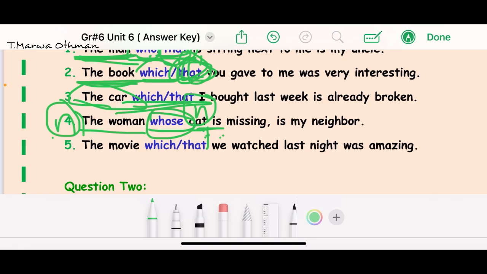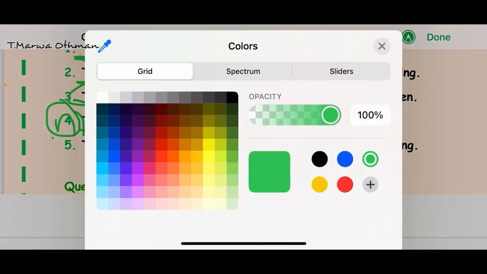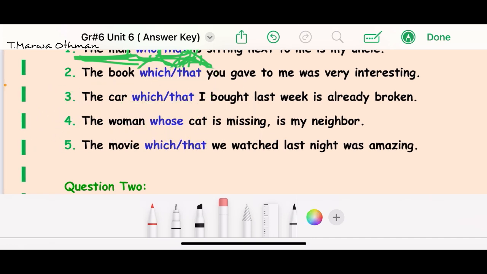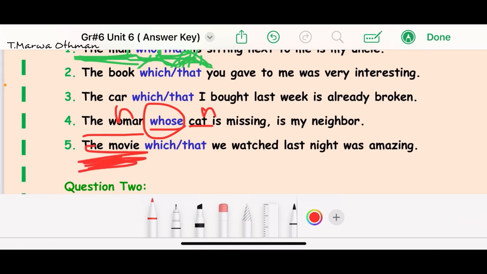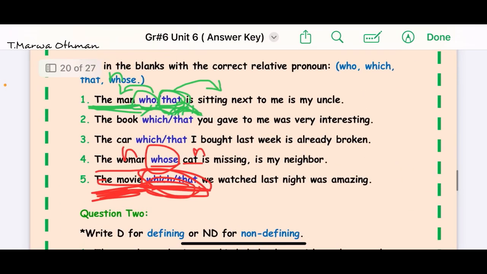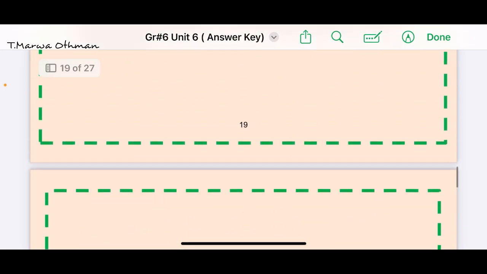This cat is for this woman, okay? So if we have a noun here, we have to add whose. The movie, it's a thing actually, so directly add which or that, okay? It's so easy. Now this is what we mean by relative pronouns.